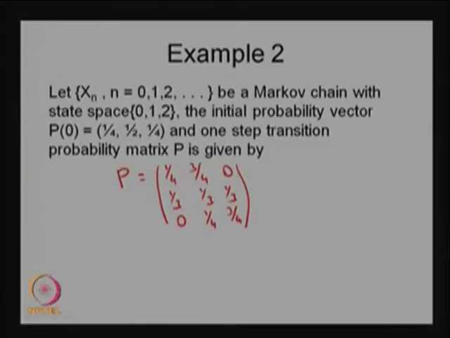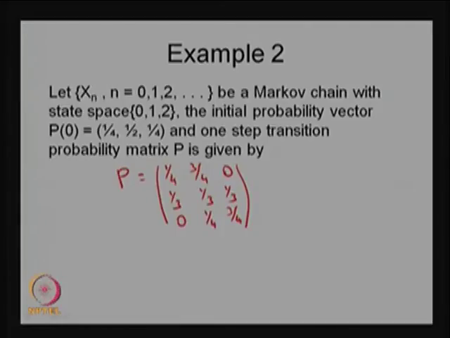So, the summation is going to be 1. Therefore, this is the initial probability vector. That means the system can start from the 0th step with the probability 1/4 from the state 0, from the state 1 with the probability 1/2, and with 1/4 it can start from the state 2.